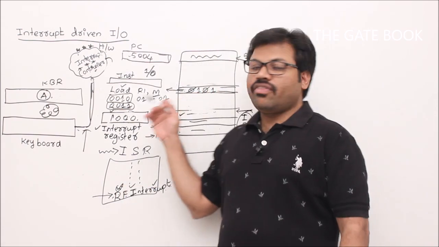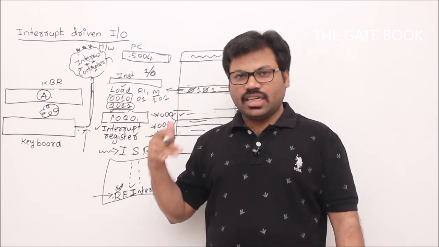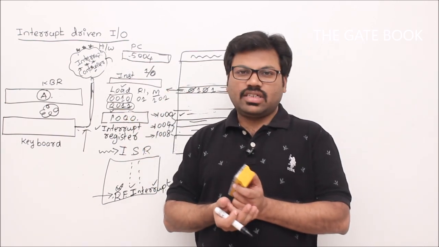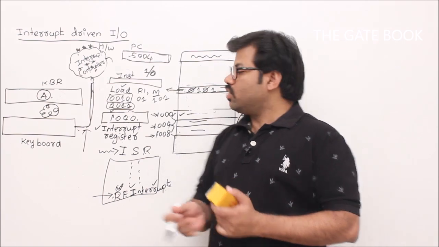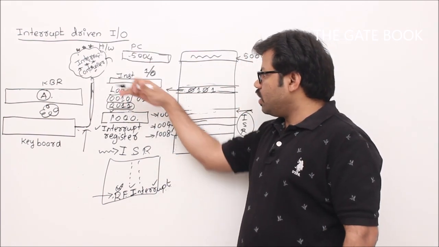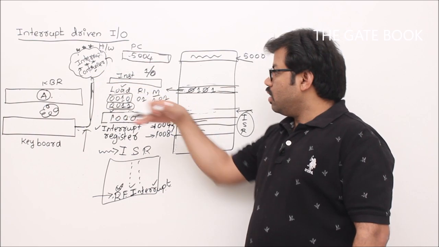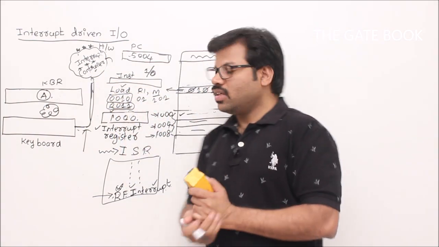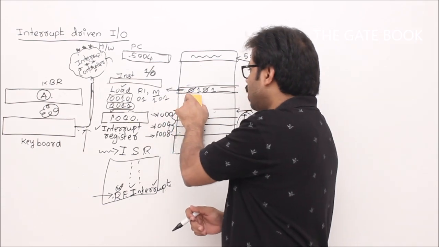So whenever there is an exception and still an interrupt comes, should we complete the instruction? No, correct? So when you are executing the instruction, sometimes it is not possible to execute it, and I'm talking especially about memory error.